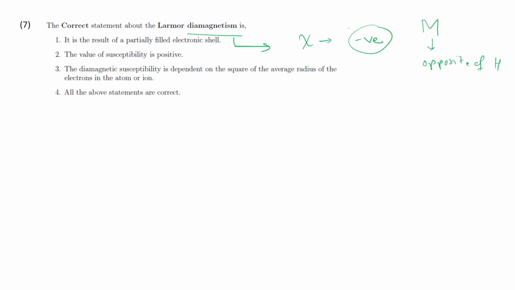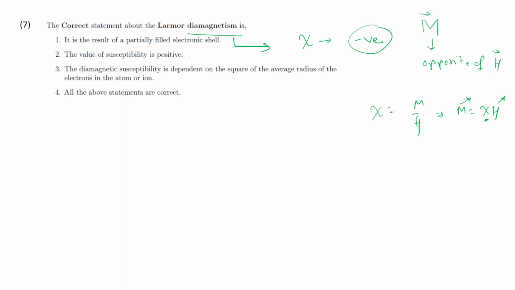So the magnetization developed should be opposite of this, and that is why the susceptibility turns out to be negative, okay, because chi is equal to M over H. So M is equal to chi H, so if chi is negative, then the magnetization developed in the system is opposite of the applied field. So that is what diamagnetism is. That is why chi has to be negative.